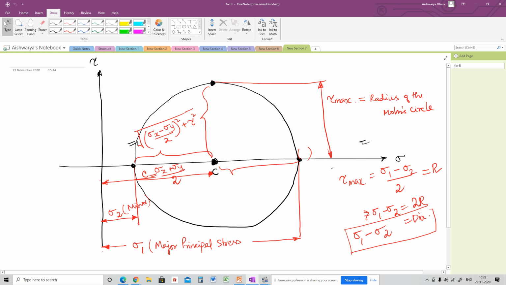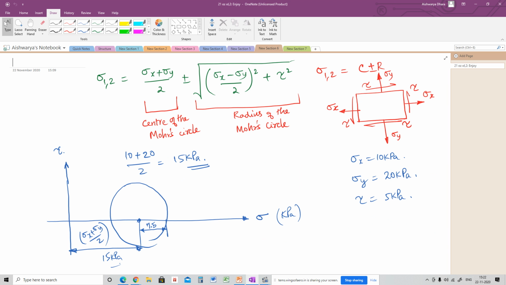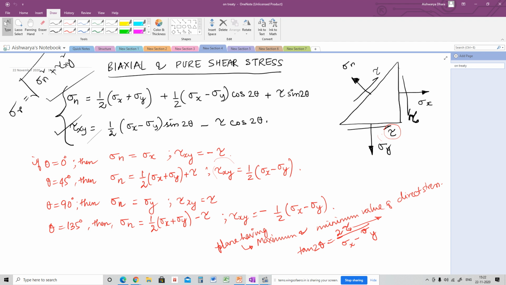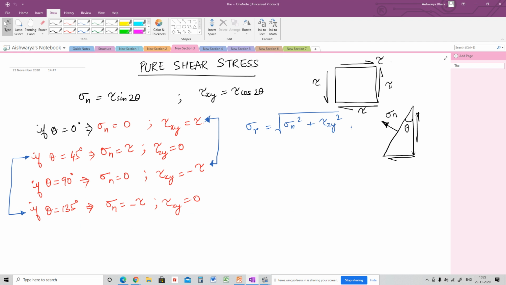In case of pure shear, the Mohr circle is always like this.